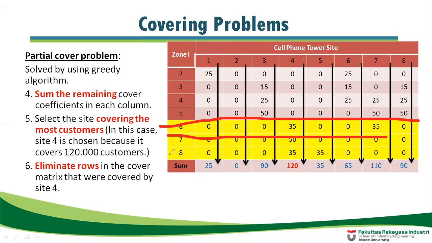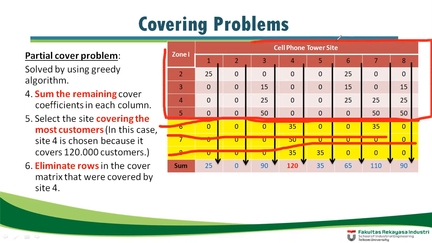Maybe you can do it more accurately than me because I use the mouse. And then we get a new table that includes smaller zones, including zones number 2, 3, 4, and 5.